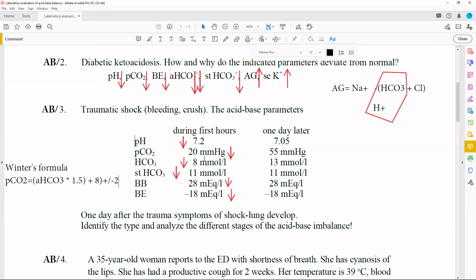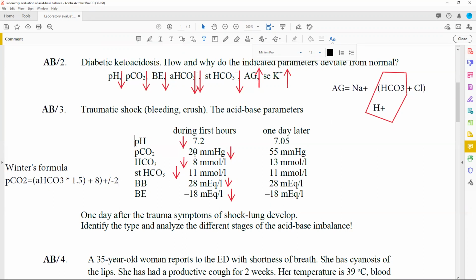Now, what do you think? What caused the metabolic acidosis when the patient was in shock? First of all, what kind of acidosis did we have? An anion gap acidosis or non-anion gap acidosis? What happens when you are in shock?